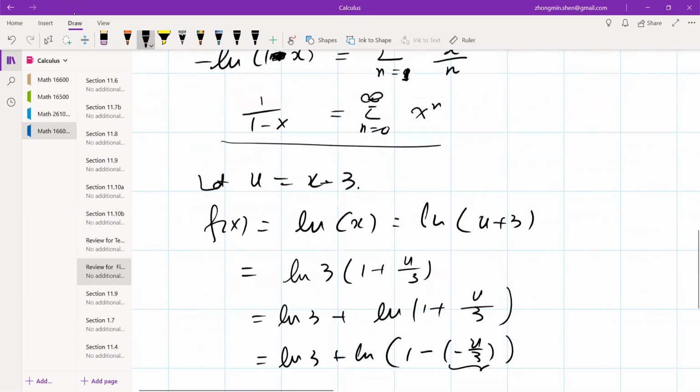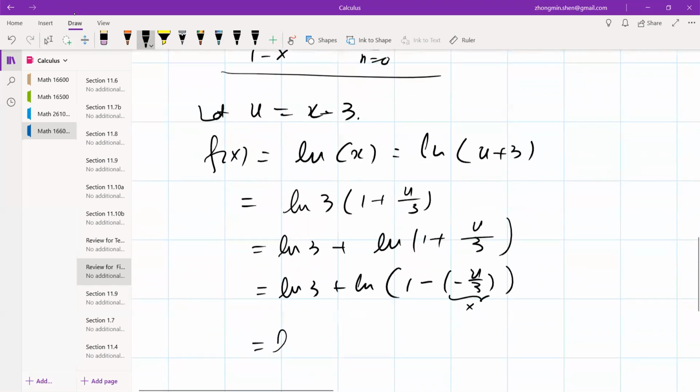Okay, this is my x, right? Then this will be negative, negative 1 to the n, negative u over 3 to the power n.